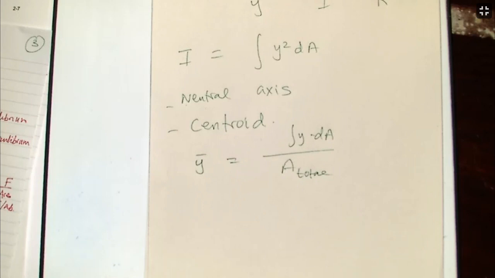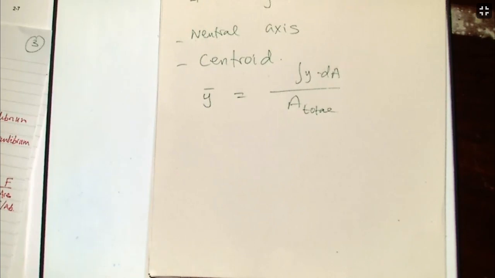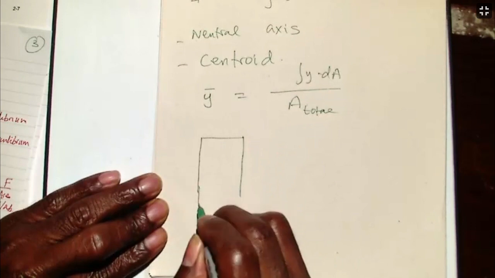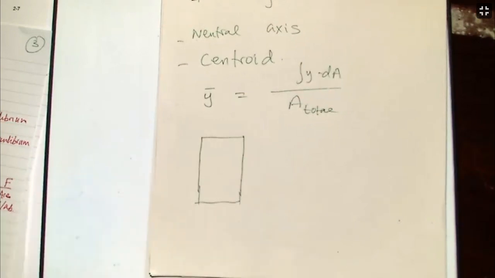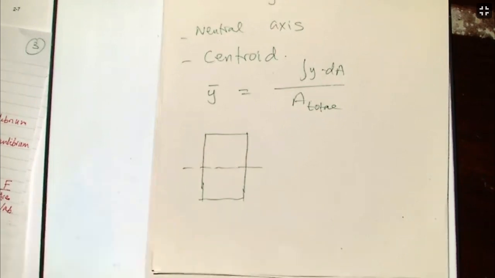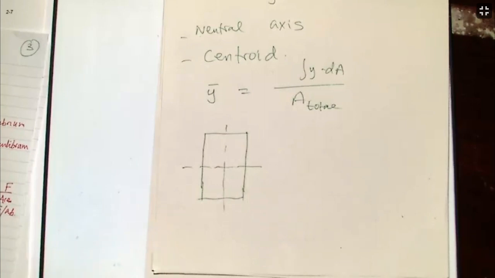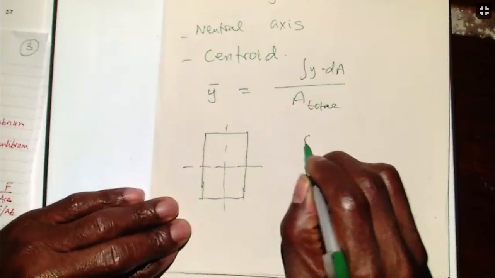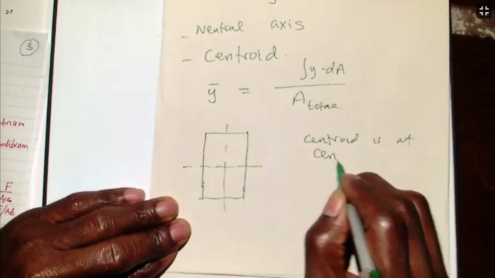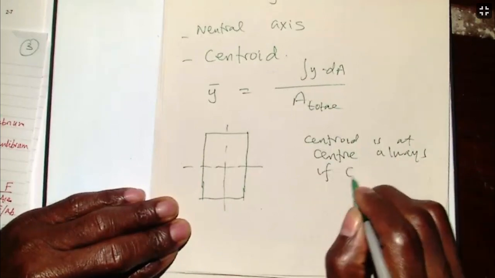The best way to explain this is to use an example. If you have a cross section that is symmetric, meaning you have a center like that, and also like that, then the centroid is always at the center if the cross-section is symmetric.